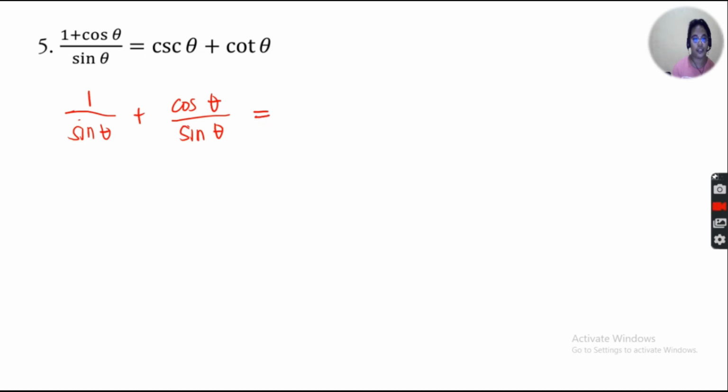Then, continue tayo. So, 1 over sine theta is equal to cosecant theta, and plus cosine theta divided by sine theta is cotangent theta po. So, ayan po yung ating number 5 po.